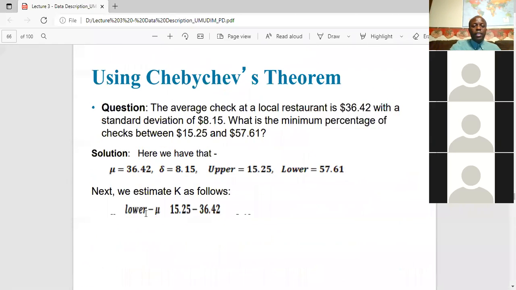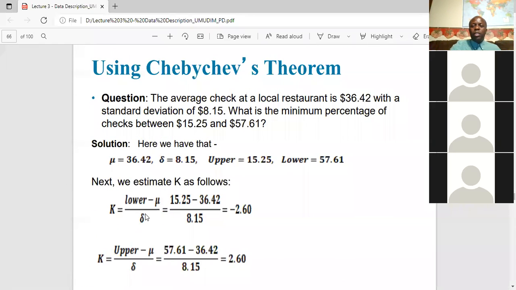Now, next is another way this question might be asked. It says the average check at a local restaurant is $36.42 with a standard deviation of $8.15. What is the minimum percentage of checks between $15.25 and $57.61?